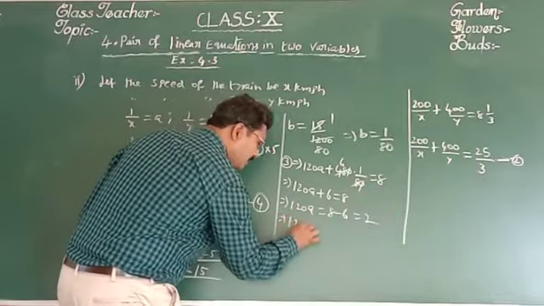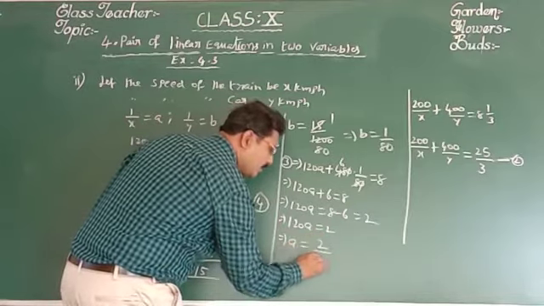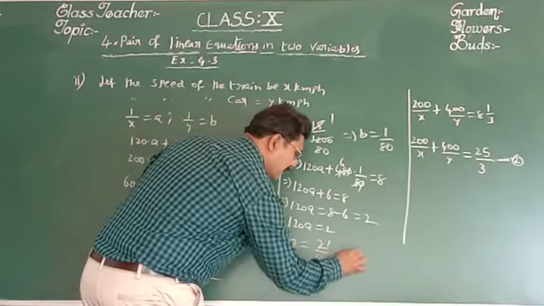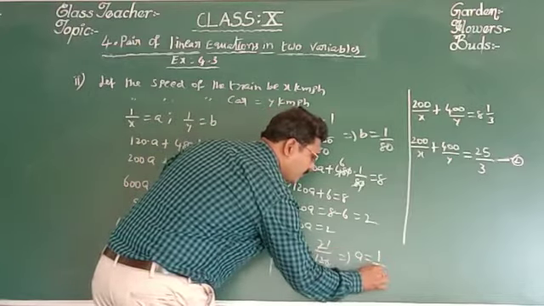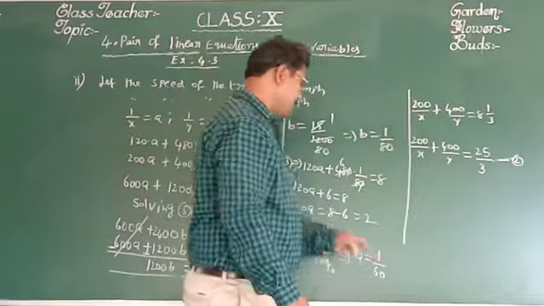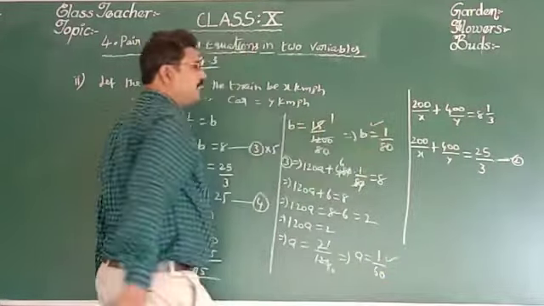So a is equal to 2 by 120, that is 1 by 60. So a is 1 by 60 and b is 1 by 80.